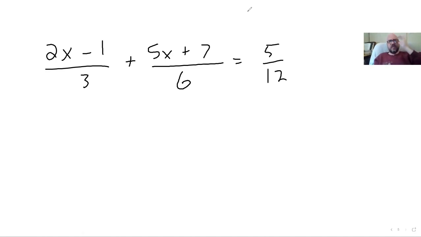There. This thing is going to be messy, and it's probably not going to come out very nicely. I haven't pre-made this up. So let's see how this goes.